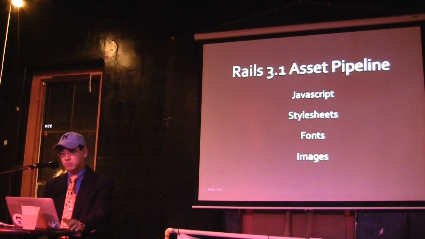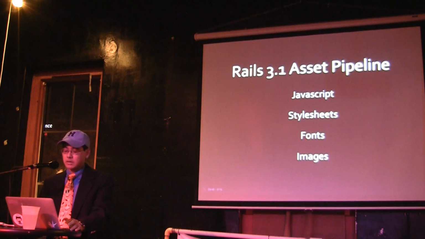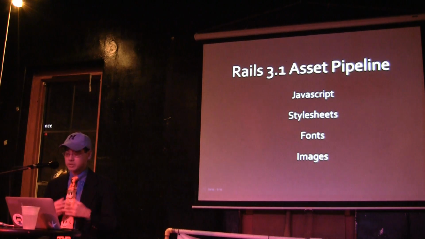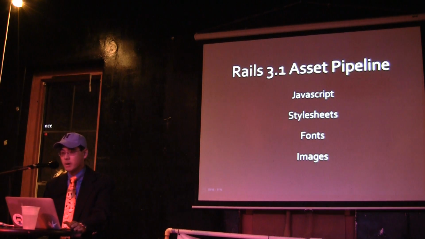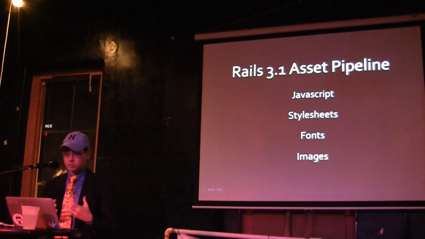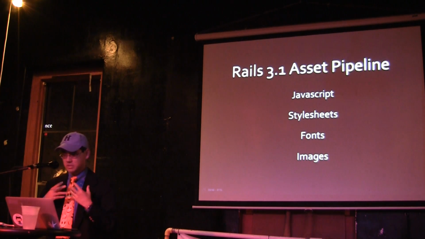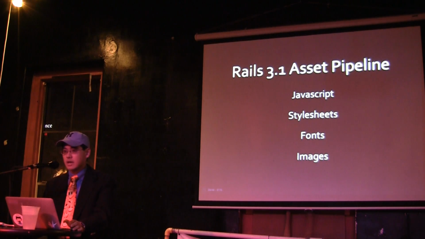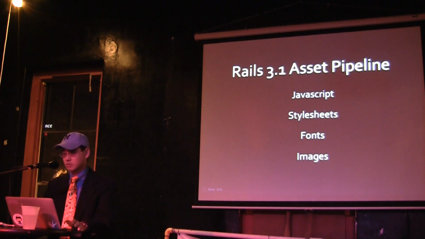And the asset pipeline handles specific things with JavaScript, so you can use CoffeeScript now, built right into Rails 3.1, and you can also minify it, so it's the first time you don't have to do that on your own. Rails handles that with just config options and certain gems, so you can use Uglifier, a YUI compressor for JavaScript, and it's similar with CSS.